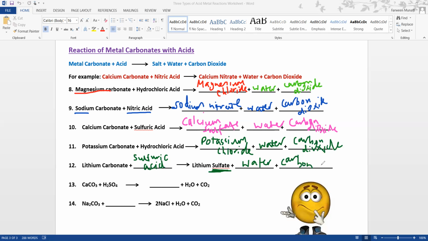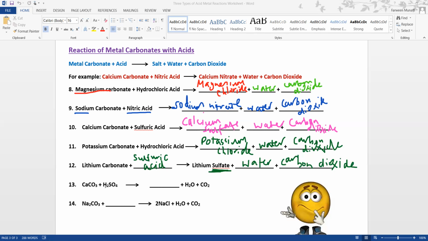Okay, now we're dealing with the tricky ones, which are the two chemical equation ones. So if we look at this, we know that CO3 is just the standard chemical symbol for carbonate. So that's going to be CaCO3, calcium carbonate, plus hydrogen sulfate or sulfuric acid, gives us something plus water plus carbon dioxide.